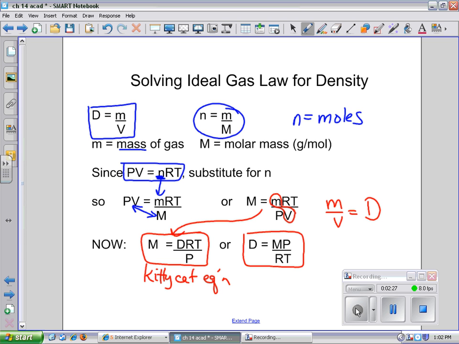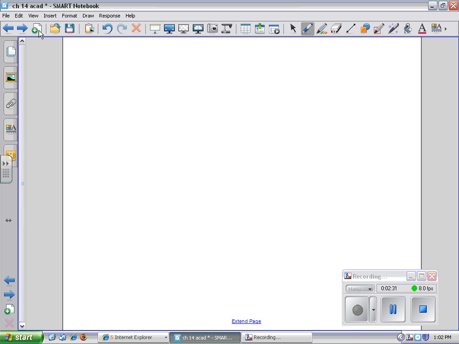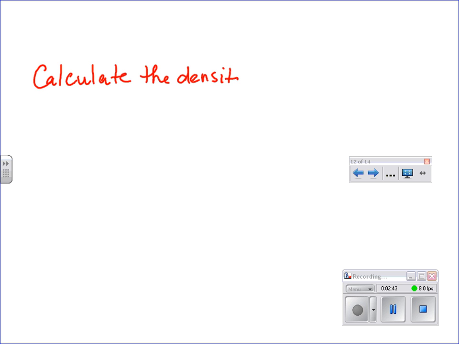So grab your calculators. Let's go ahead and do a practice problem. Let's calculate the density of carbon dioxide gas at 950 torr.